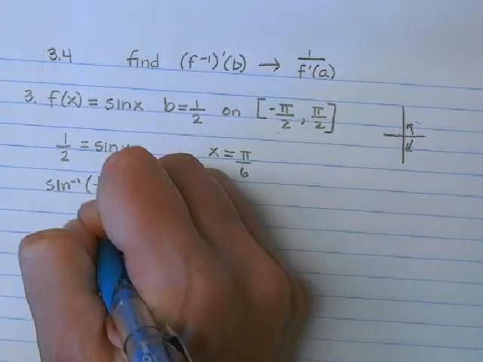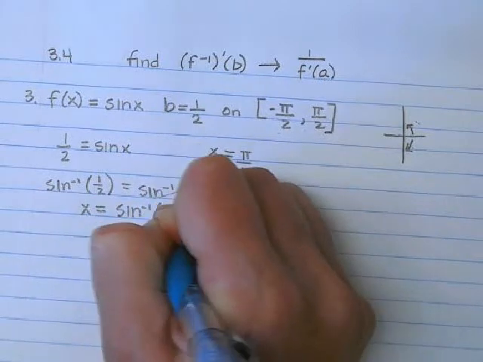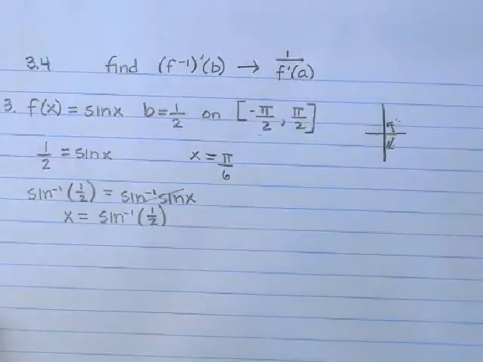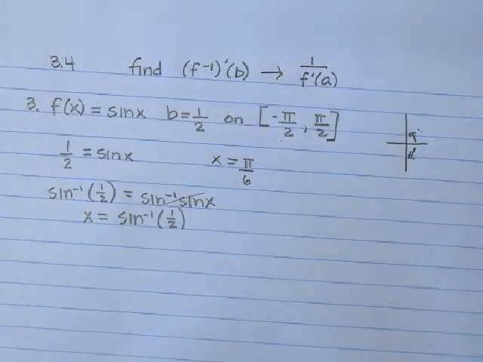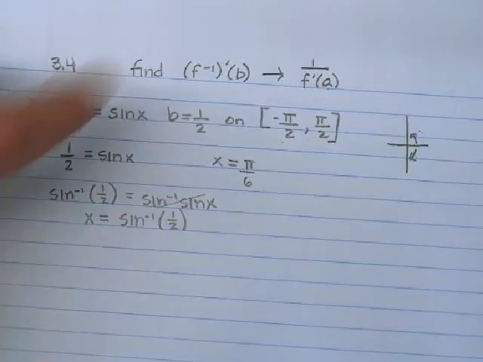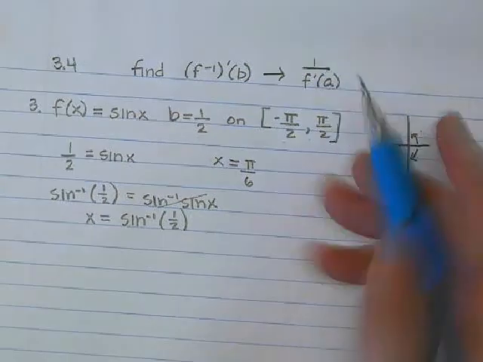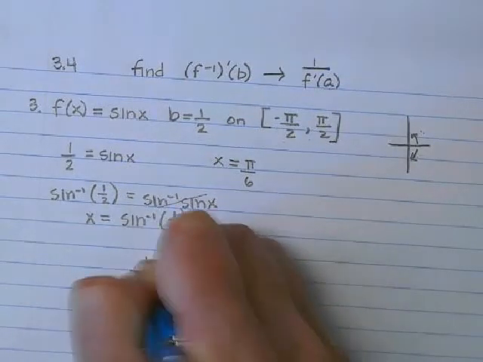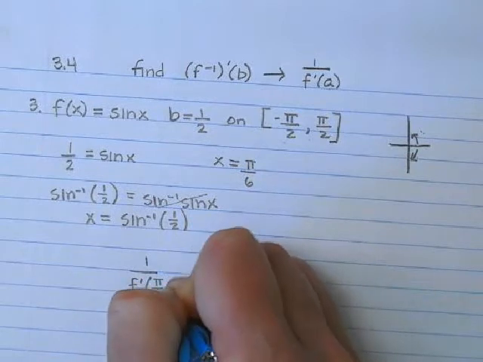So that cancels out, and I could say that x is the inverse sine of 1/2. But I really prefer to think about it this way up here: what angle has a sine that's equal to 1/2? And it's going to be pi over 6. Okay, so now I want to find 1 over f prime of pi over 6.